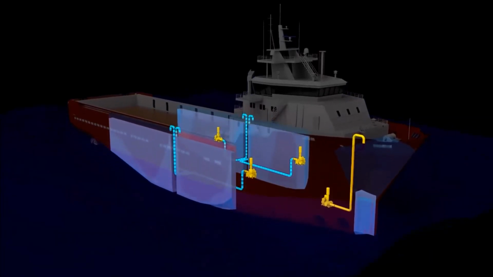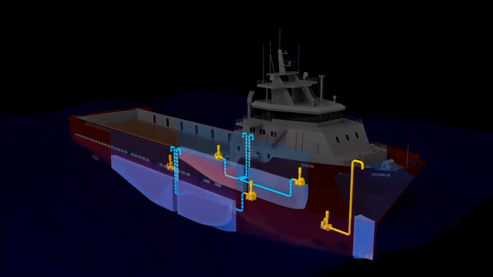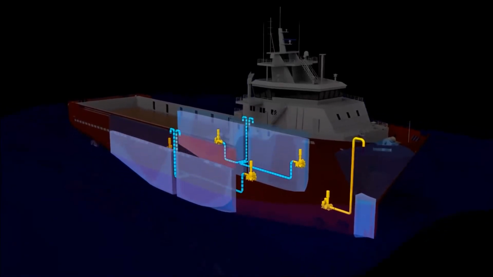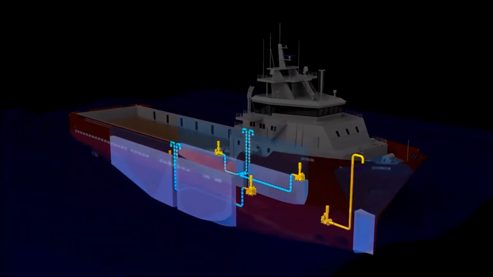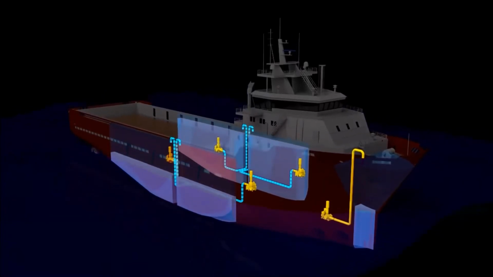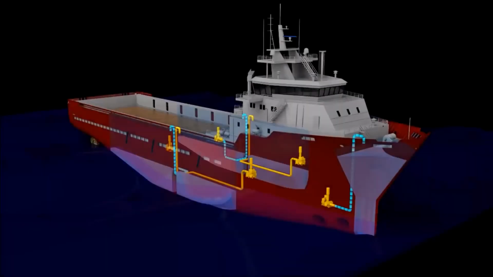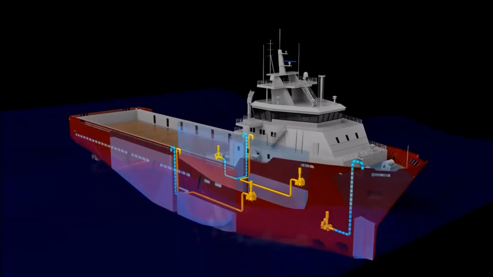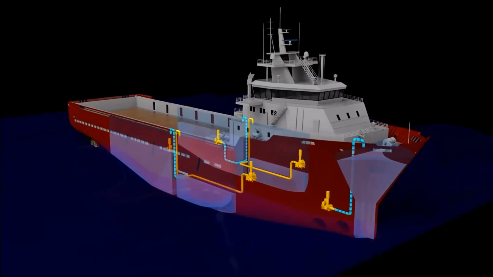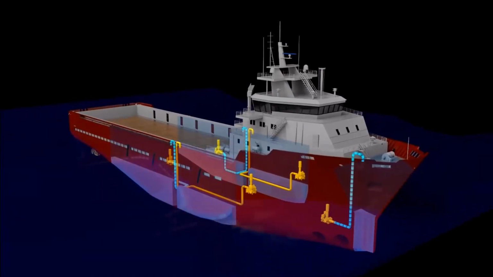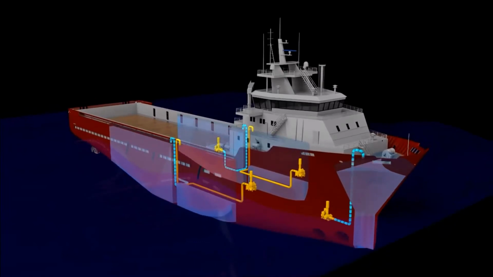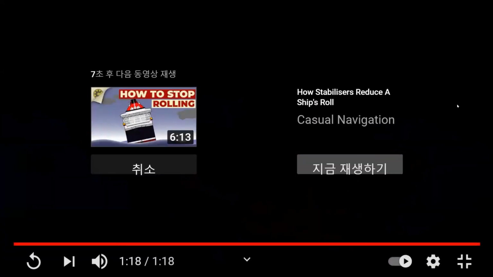There are two side tanks, and the water level can be controlled by pump and by the captain, a human. But the problem is the speed of pumping, right? So the pump size and piping diameter should be decided based on ship size and ship motion estimation. And pitching is another way. So that's it.